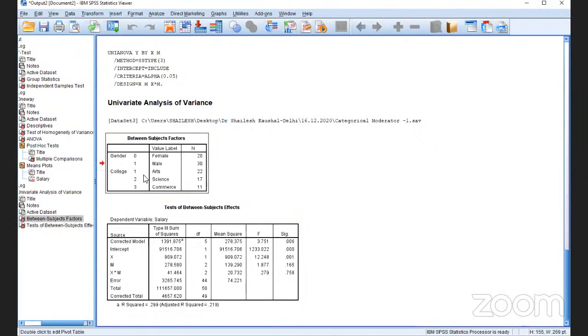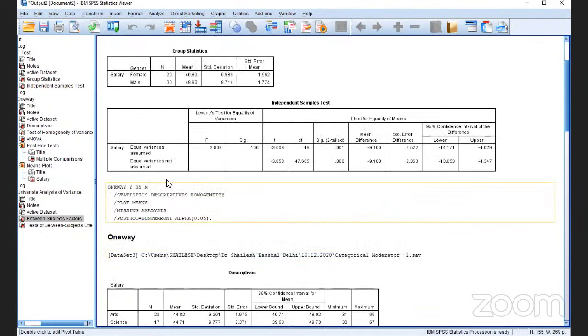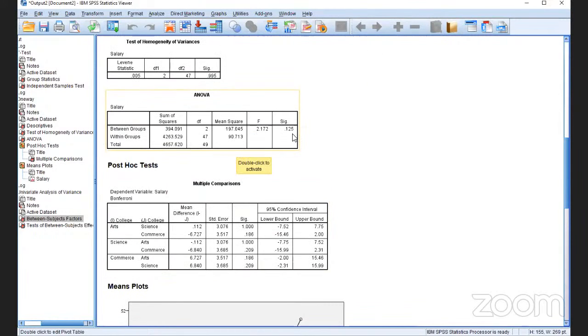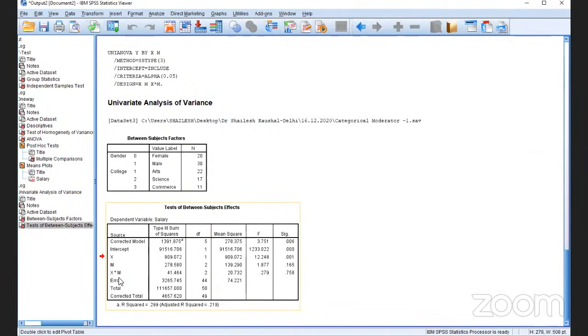When we used one way ANOVA for comparing several groups, meaning arts teachers, science teachers, and commerce teachers, we found there was no significant difference, because the p value was greater than 0.05. And here we can see the p value for m, that is the moderator, is 0.16. There is no significant difference.